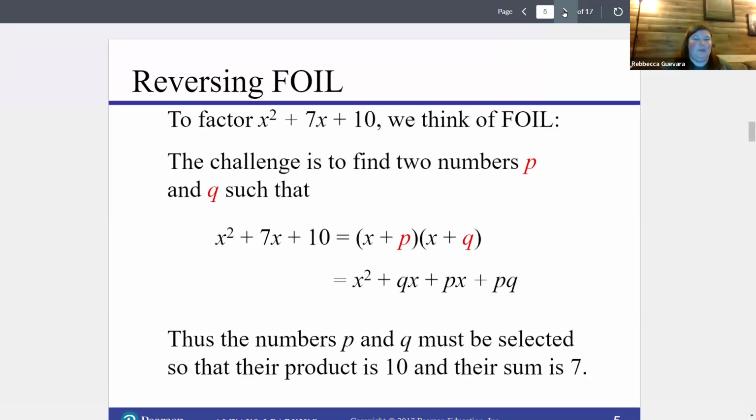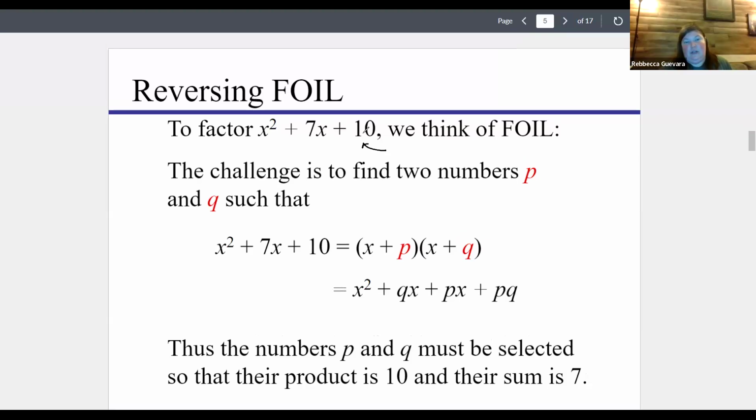So our plan is, if we wanted to factor x squared plus 7x plus 10, we already know what it factors into, but let's say we wanted to factor it. We need to find two numbers that are factors of 10, such that if I add them together, they give me back the 7.